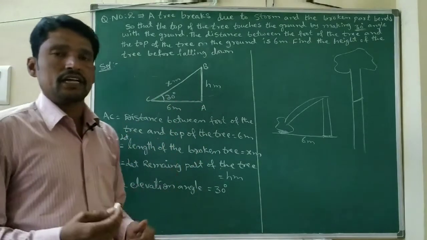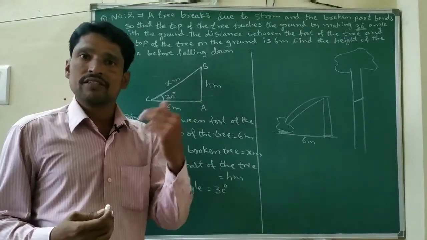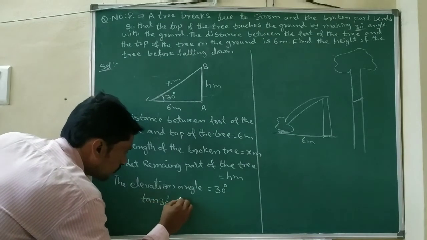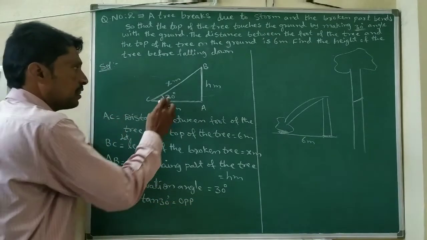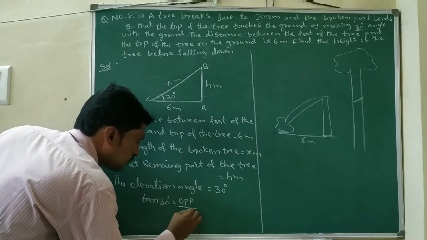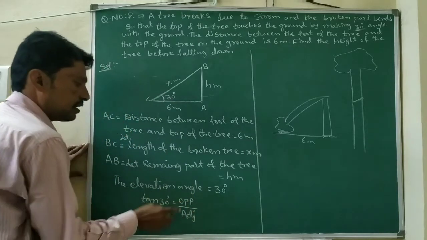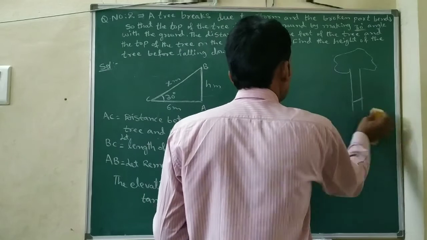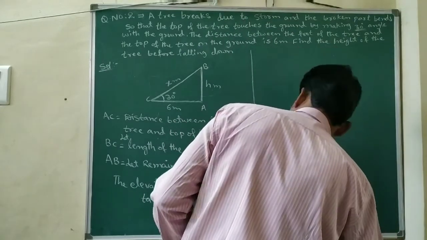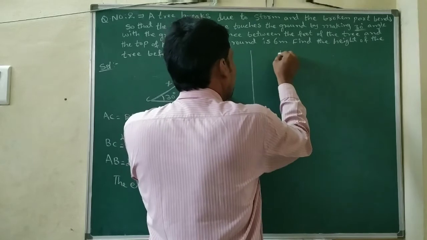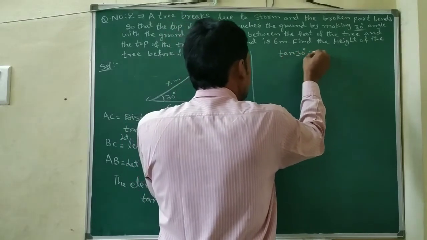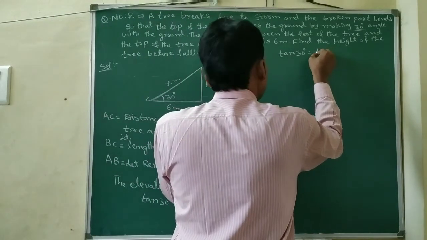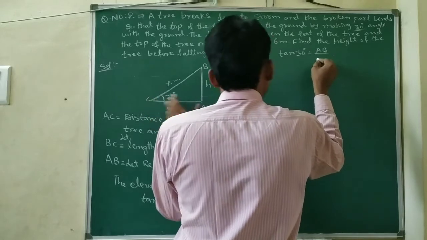Opposite and adjacent, what is the trigonometric ratio? That is tan. So now I am taking tan 30 degrees equals the opposite side to angle 30 by the adjacent side to angle 30. Opposite is H, that is AB, by AC.